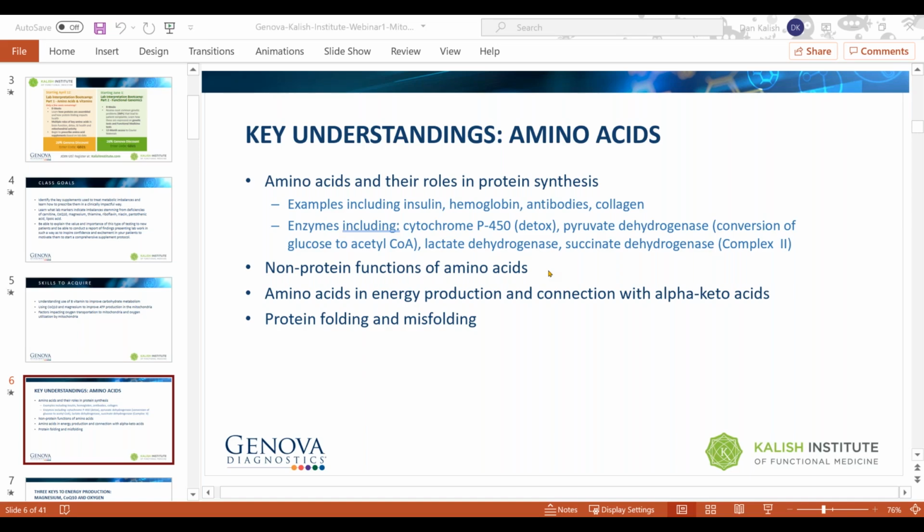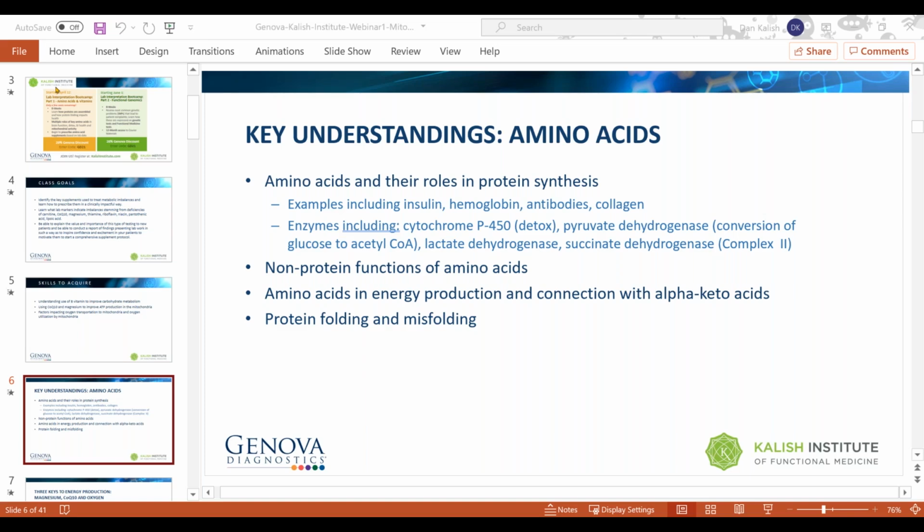No, you can't. The non-protein functions of amino acids get all the attention and all the focus and all the excitement in our industry, and yet the protein functions of amino acids are far more important. If you understand that the enzymes we're talking about tonight are proteins, then you can put this together.